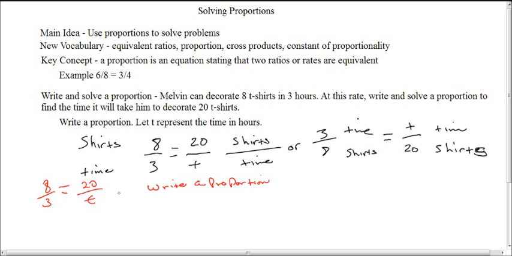And remember, we say that a proportion, again, is an equation that states the two are equal. So if that's the case, 8 over 3 must equal 20 over T.